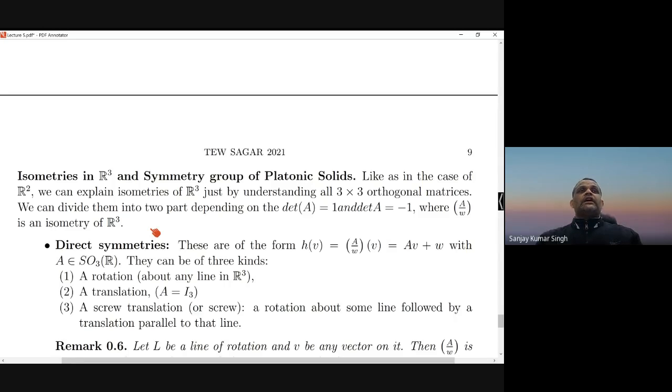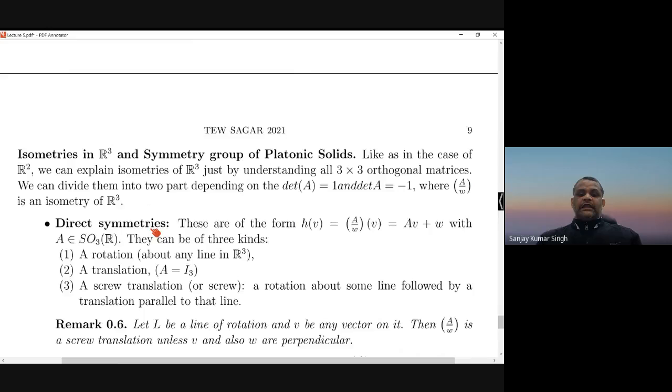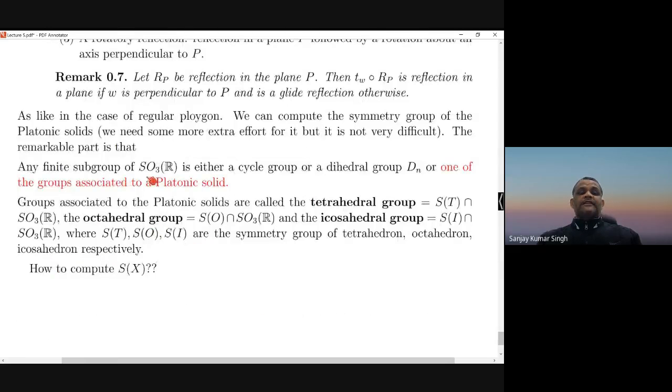Again in R3, we have a very remarkable fact: if I take a finite subgroup of SO3, then it is either a cyclic group, a dihedral group, or one of the groups associated to the Platonic solids. Because in the case of R3, we have proved what the regular convex polyhedra are. They are nothing but the Platonic solids, and there were exactly 5.